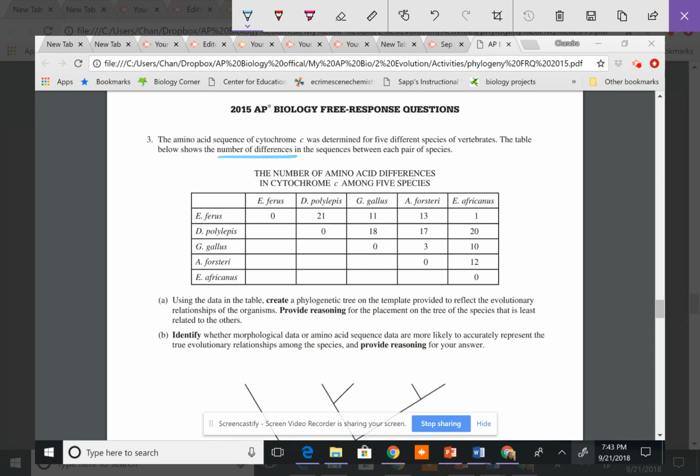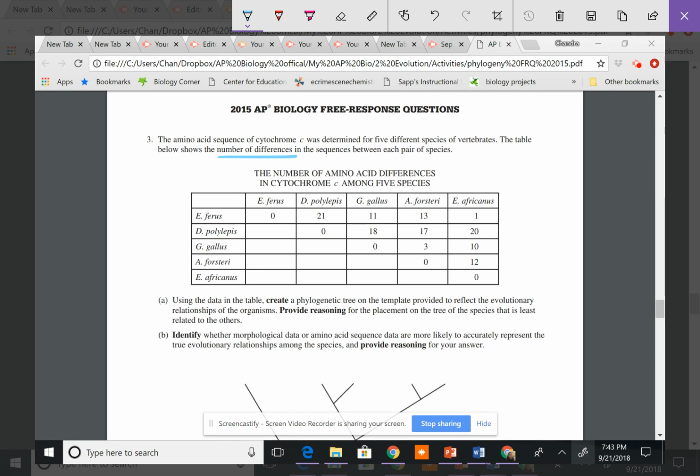Note they don't want you to explain the placement of all 5 organisms, just the one that's not as closely related to everyone else. The further away your common ancestor is, or the less recent your common ancestor is, the less related you are.